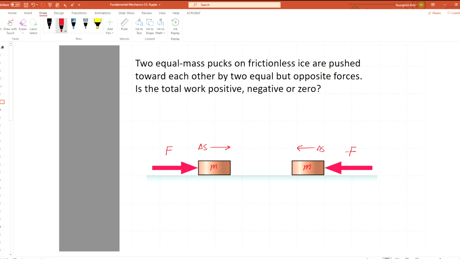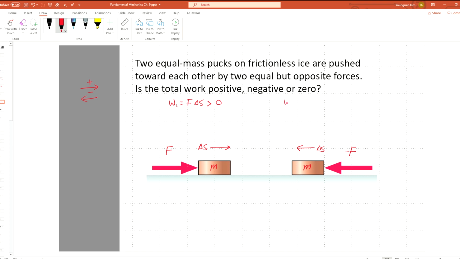Alright, so we have two forces, so let's call this force 1, and let's call this force 2. So you have work done by force 1, where let's call this direction positive and that direction negative as usual. So we have simply F1 times the displacement 1, and this will have a positive value because both of them are positive numbers.